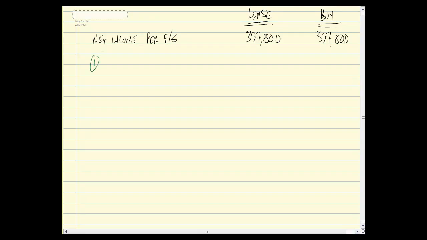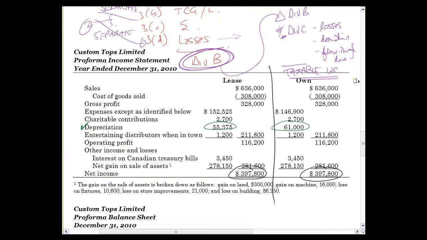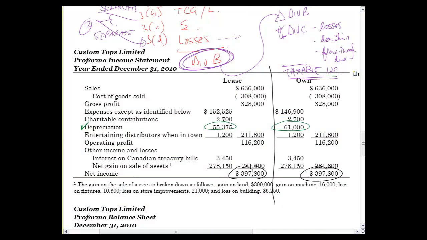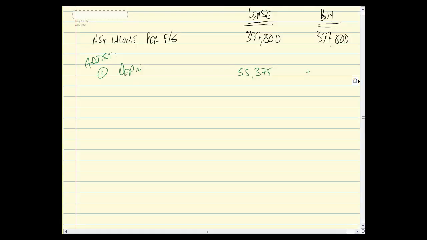So first of all, we know how reconciliations look. They have adjustments, or some people like to have the adds and the subtracts separate. I'm not one of those people. So we have depreciation, and we're going to add back two numbers, 55,375 and 61,000.